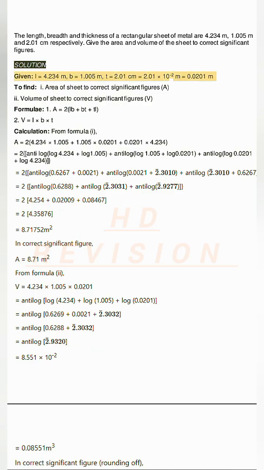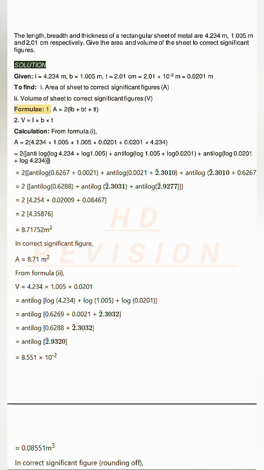Given L equals 4.234 meters, B equals 1.005 meters, T equals 2.01 centimeters equals 2.01 times 10 to the power minus 2 m equals 0.0201 meters. To find: I. Area of sheet to correct significant figures, A. II. Volume of sheet to correct significant figures, V.